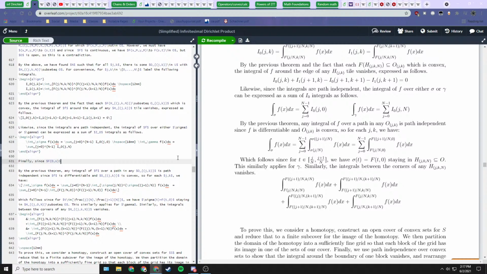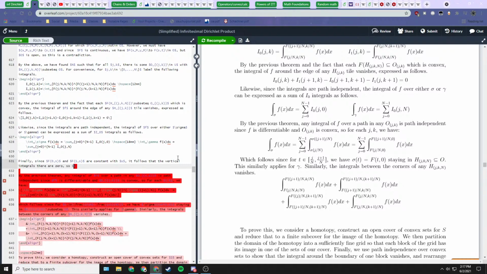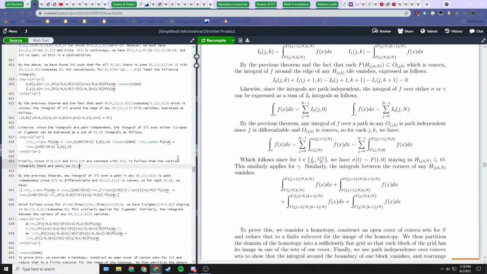Since f0s and f1s are constant with s, it follows that the vertical integrals there are 0. So we have I1 of any j with 0 is 0, and also I1 of any k with 0, or any k with n. Sorry, no n, just n.